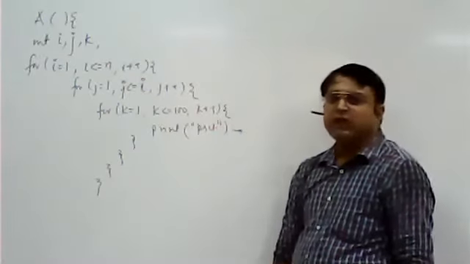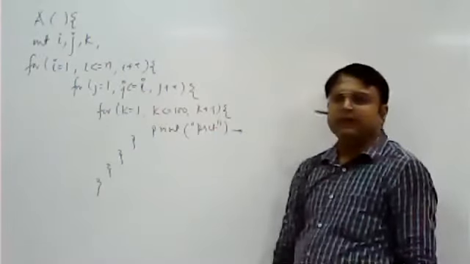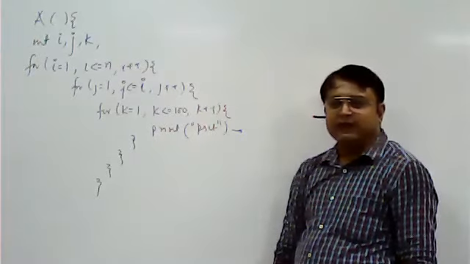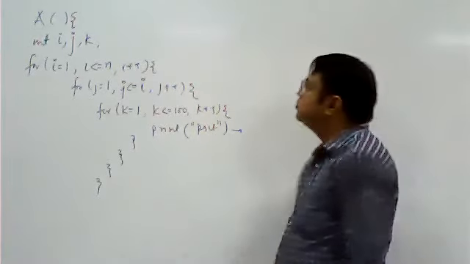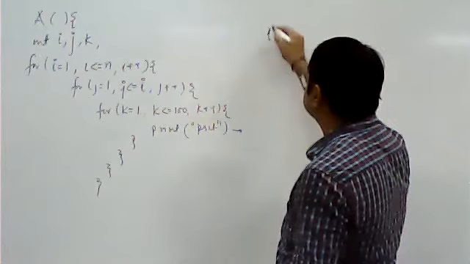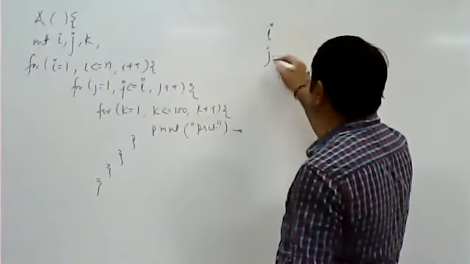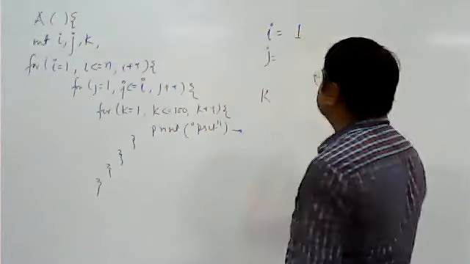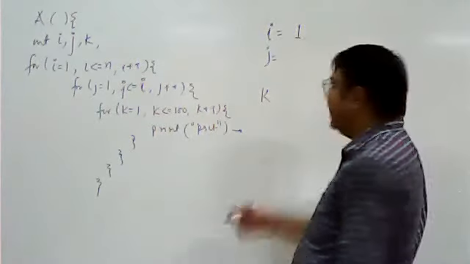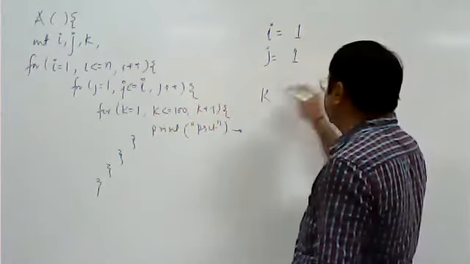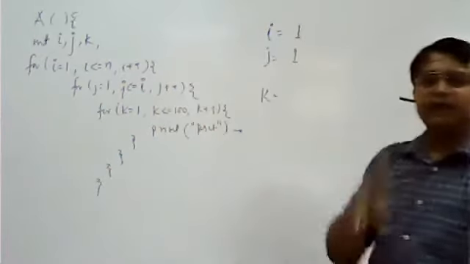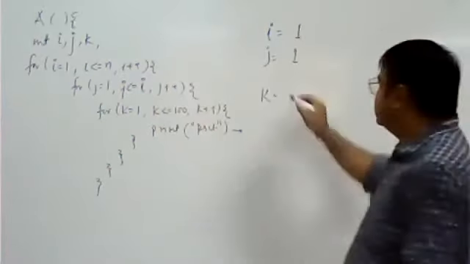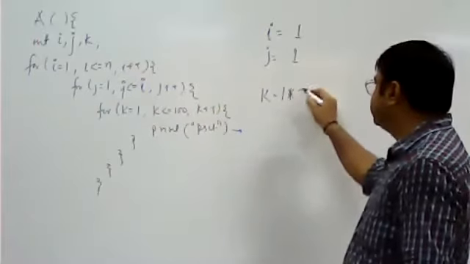So we have to write the execution of all the loops, starting with i, j, and k. So i is equal to 1. j is running for i times, so one time it will run. k is running 100 times for every value of j, so k will run 1 into 100 times.